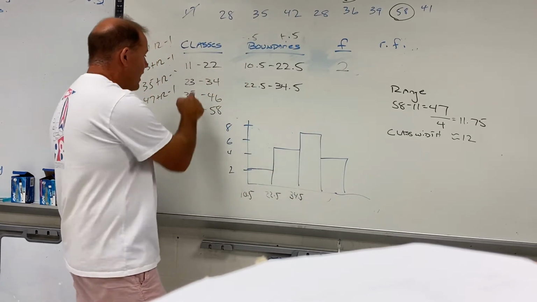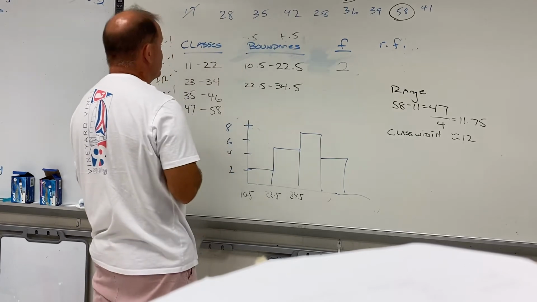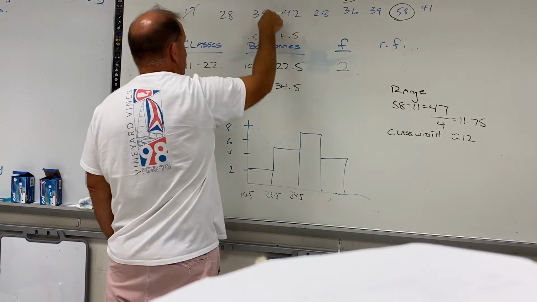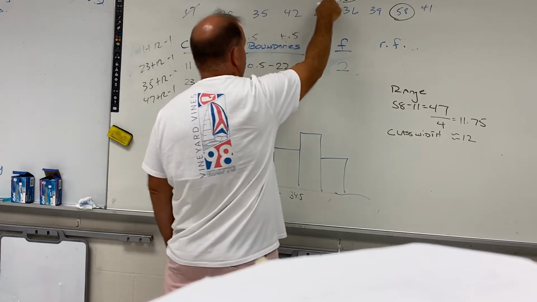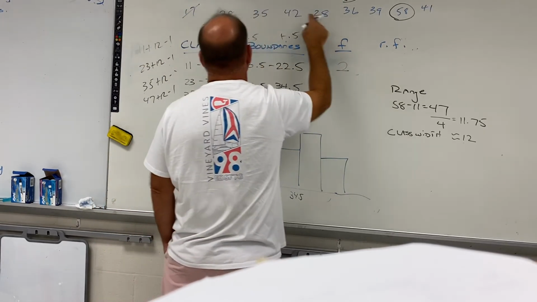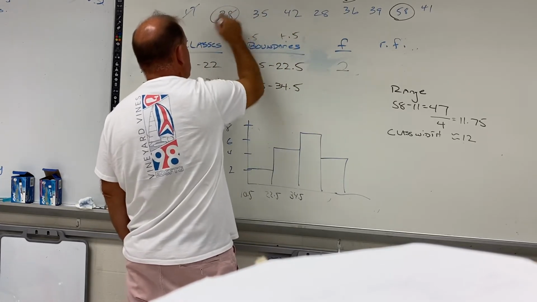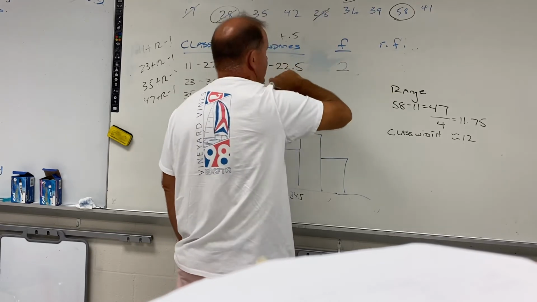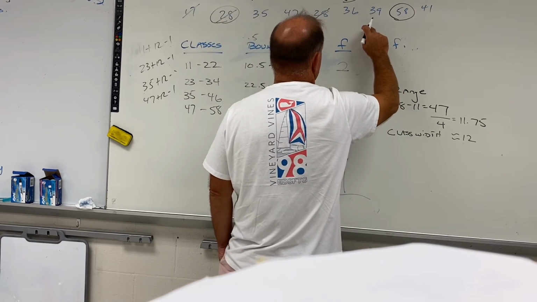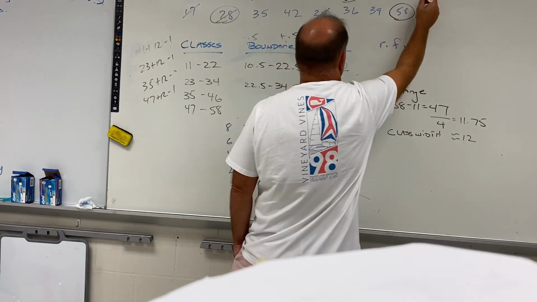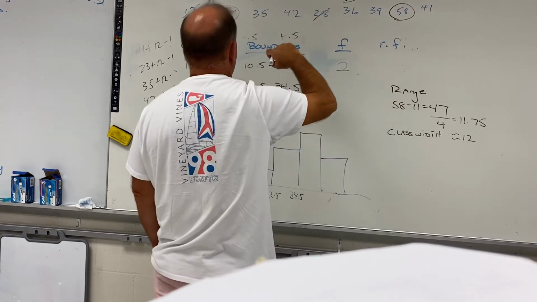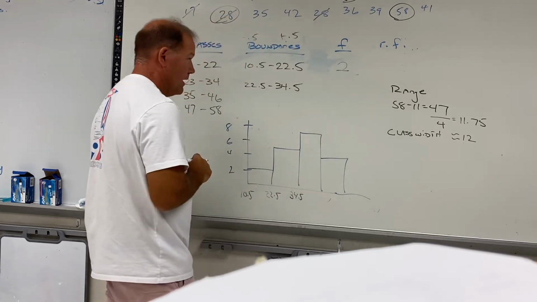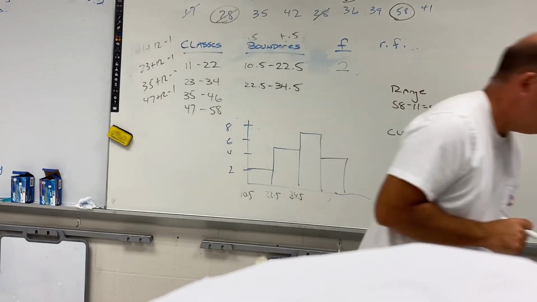For all the values in my data set that are between 23 and 34, if I go through here and count, here's 1 value, 2 values, 3 values, 4 values, 5 values, and that's everything. So I have a frequency there of 5.